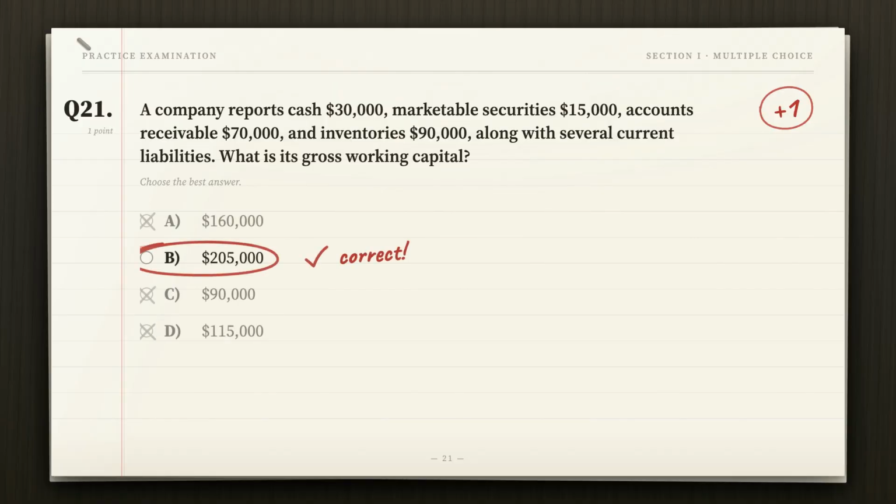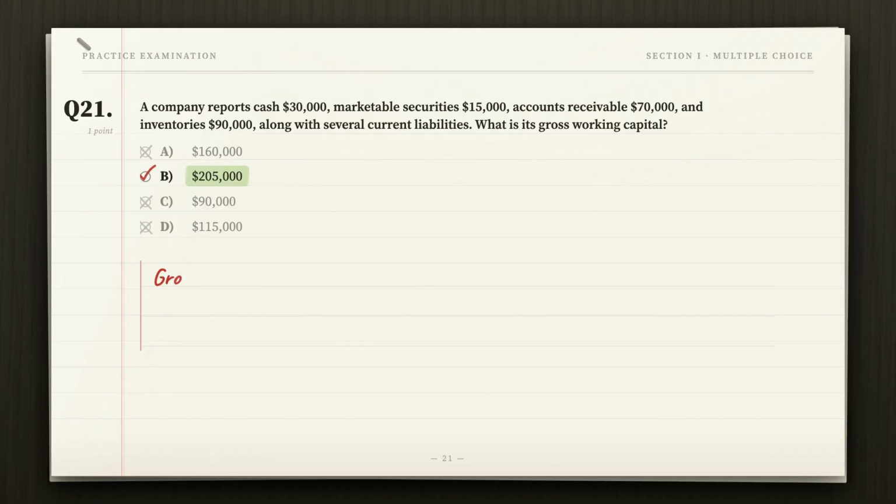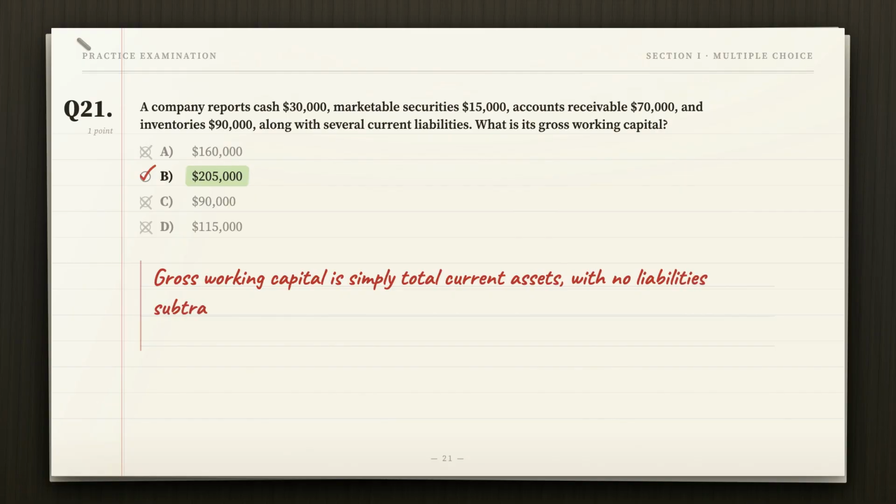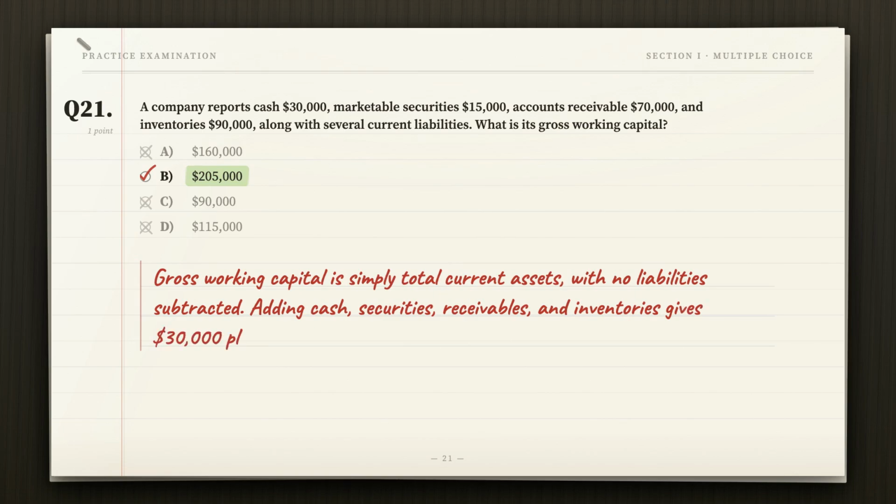The correct answer is B. $205,000. B is correct because gross working capital is simply total current assets with no liabilities subtracted. Adding cash, securities, receivables, and inventories gives $30,000 plus $15,000 plus $70,000 plus $90,000, which is $205,000.